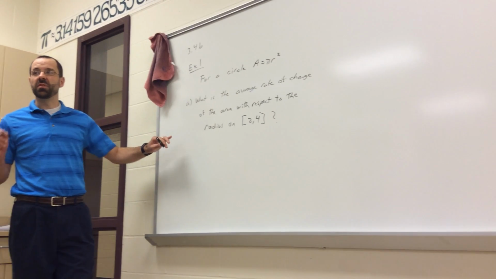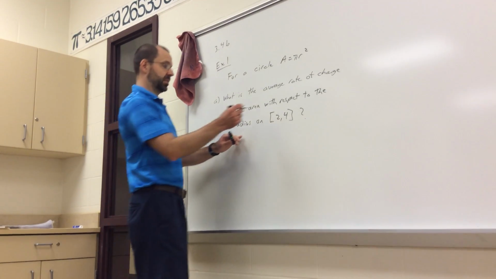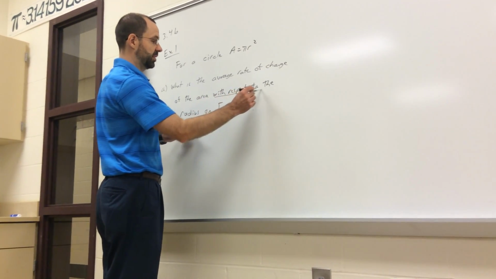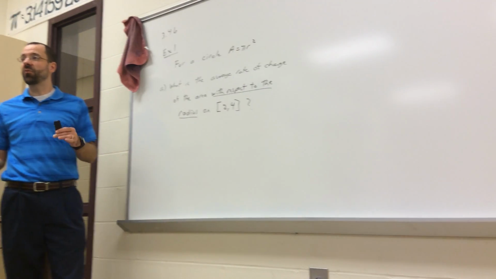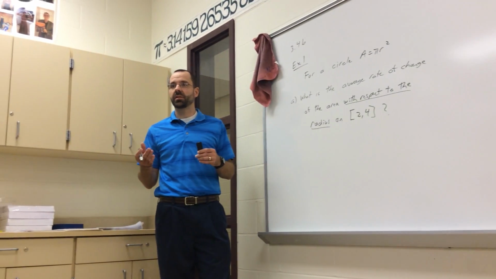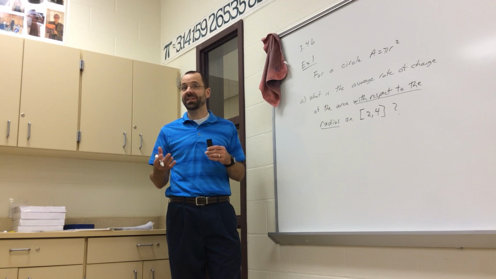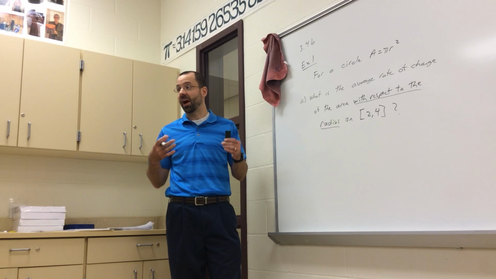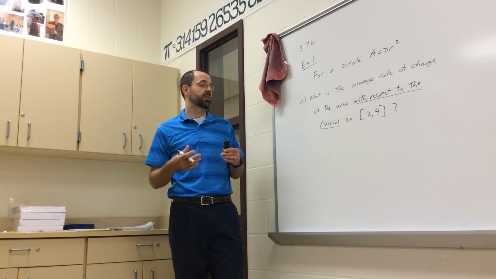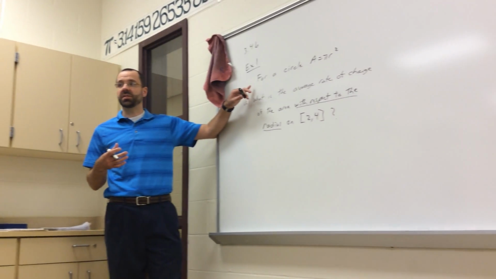Okay, so the new thing today is this, with respect to the radius. So far, all of our rates have been with respect to time. So we've said miles per hour or feet per second. So this is different. There's no time in this question.